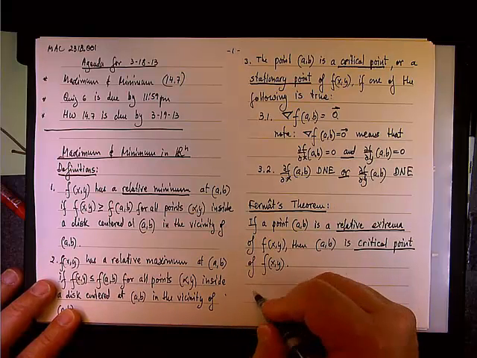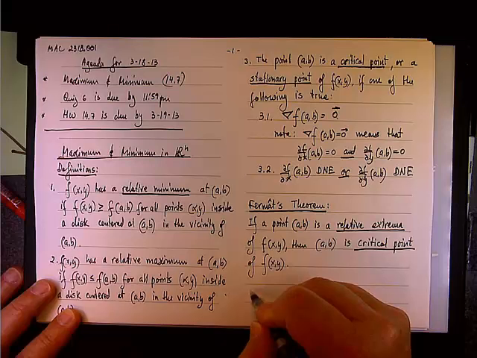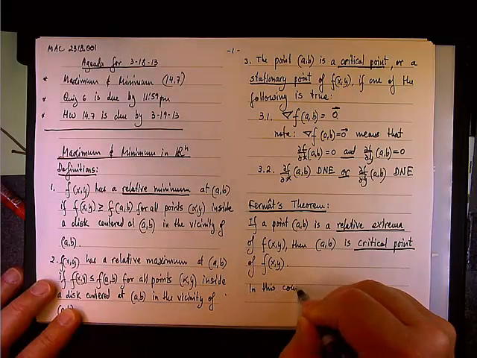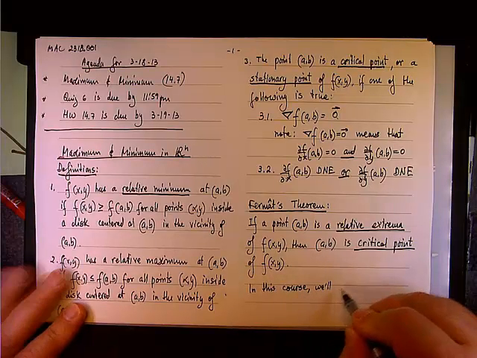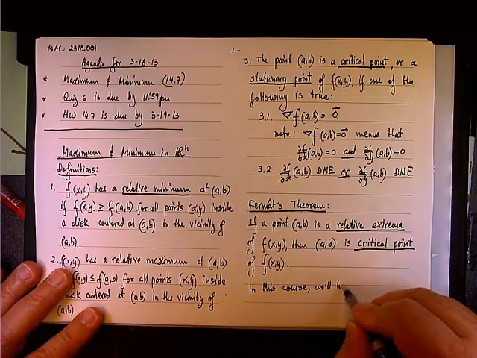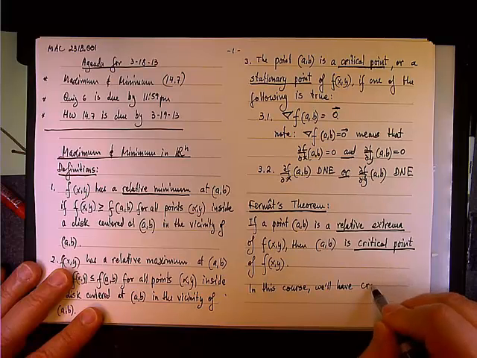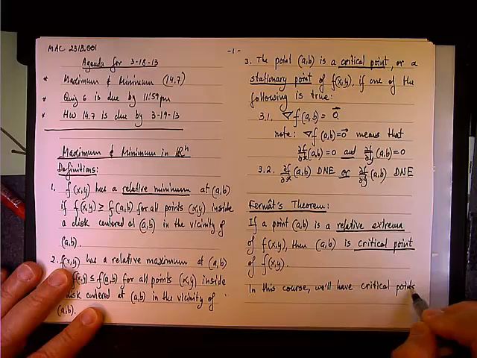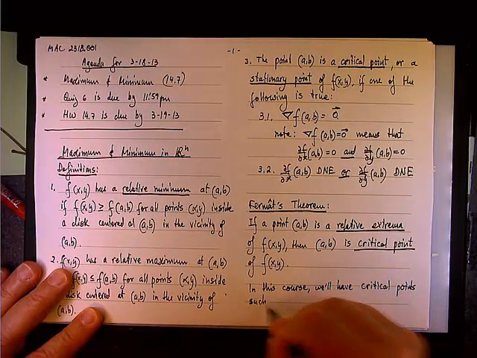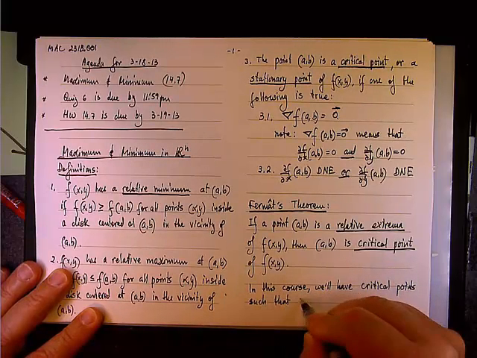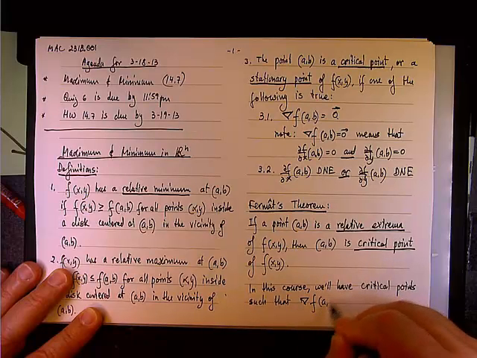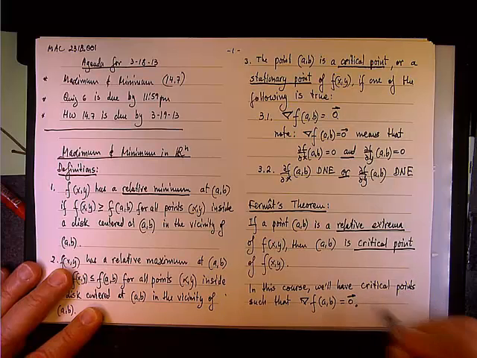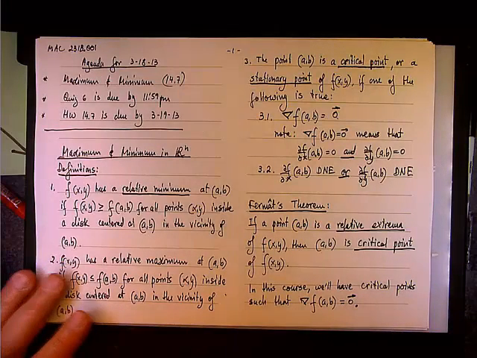So in this course, we'll have critical point such that the gradient is the 0 vector.